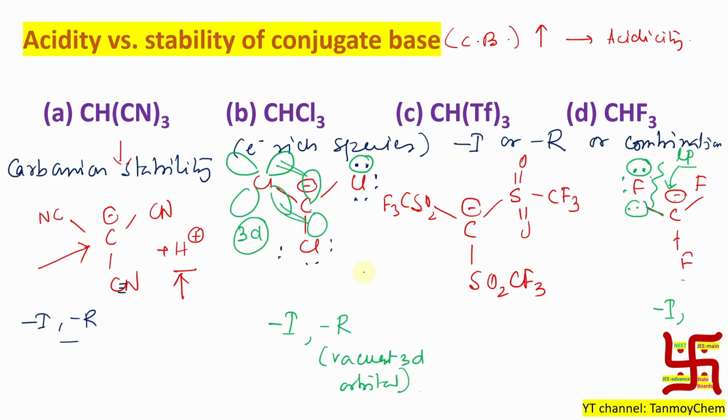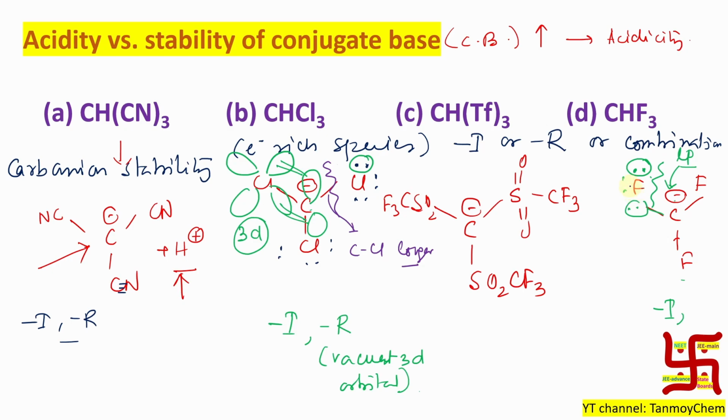You can ask the same question, sir, isn't it possible here? In this case the lone pair exists, yes, but the repulsion is relatively lesser because the C-Cl bond is relatively longer compared to C-F.